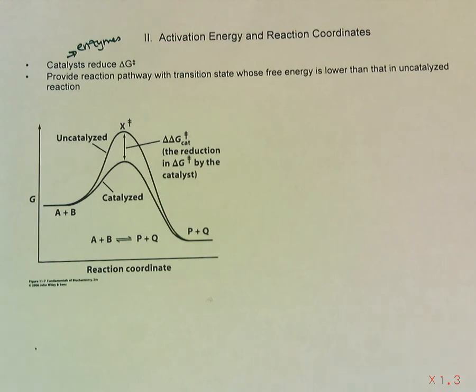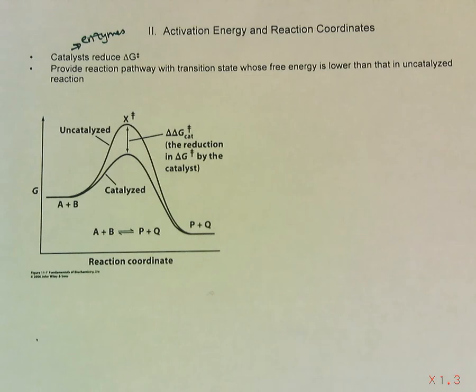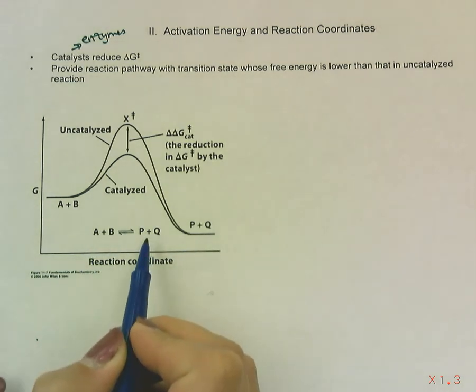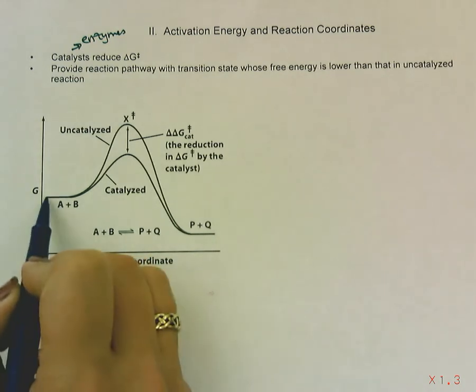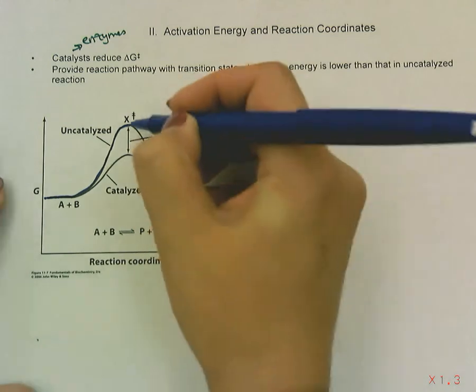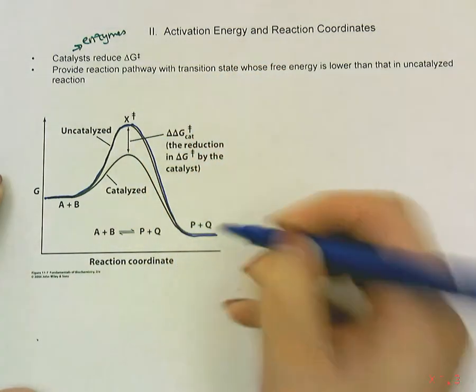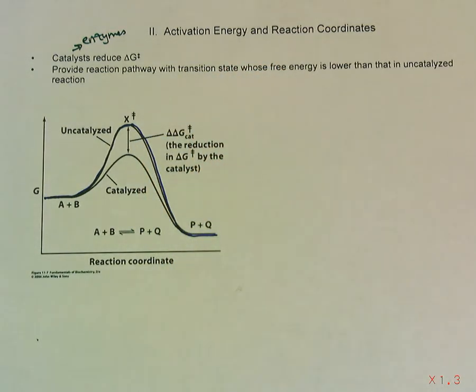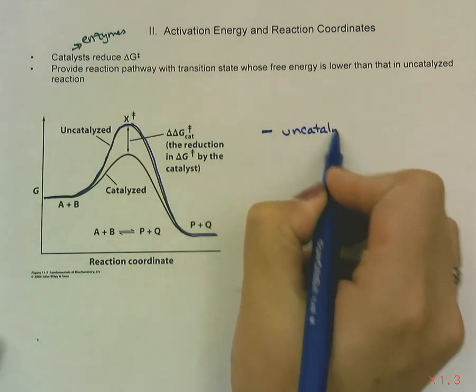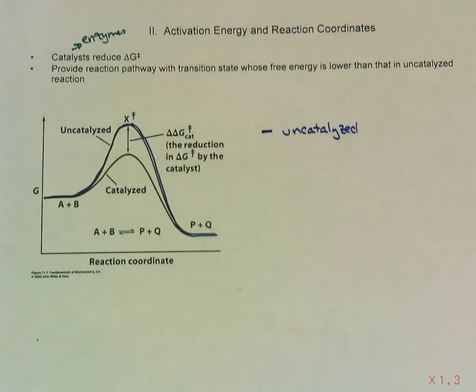Okay, so we're going to spend a lot of time looking at this picture. Okay, here is my reaction, right? I have A plus B going to P plus Q, like we had a little while ago. Here's my uncatalyzed reaction. This one, right, that's uncatalyzed. If you have color coding, this would be a good page to color code on also.